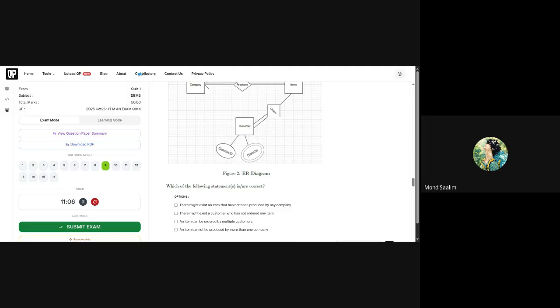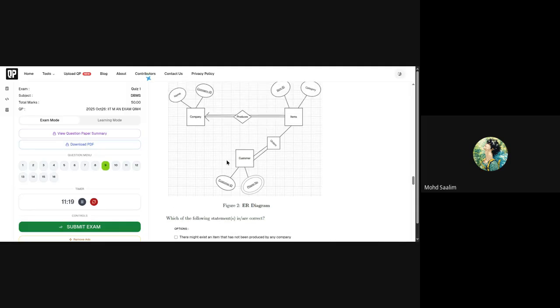If you observe some other papers, there is one more very common question that is asked in many terms, and that is about finding out the minimum number of tables required to denote this whole ER diagram. So if you want to collect this information, whatever is shown in this ER diagram, in the form of tables, right?